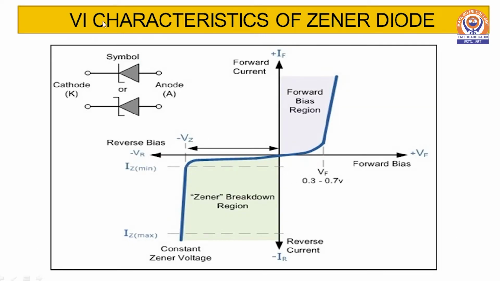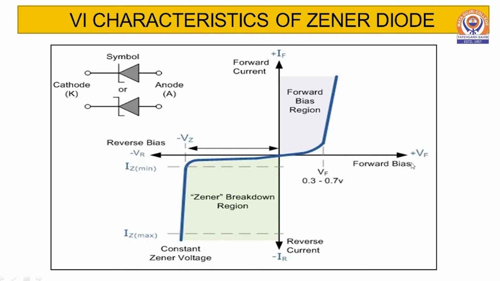Now, this is the VI characteristics of the Zener diode. This characteristic can be divided into two parts. The first is the forward bias region and the second is the reverse bias region. During the forward bias region, we have the same kind of graph as we have for the PN junction diode. In the forward bias region, the voltage is positive.